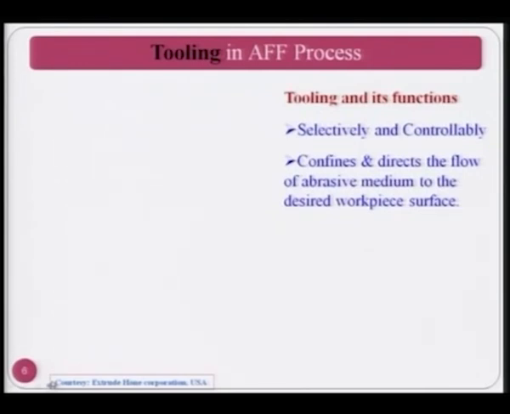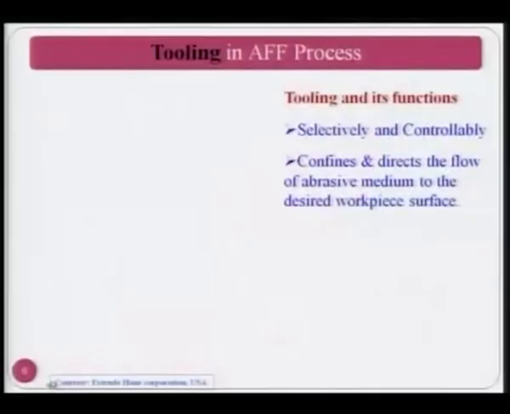Tooling and its functions: tooling makes it possible to remove the material or to finish the workpiece selectively in the desired area, and you can control it through the rheological properties of the medium, but it does not have the facility to control the rheological properties of the medium online.